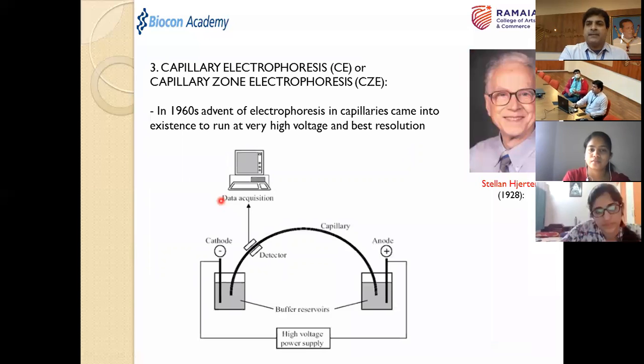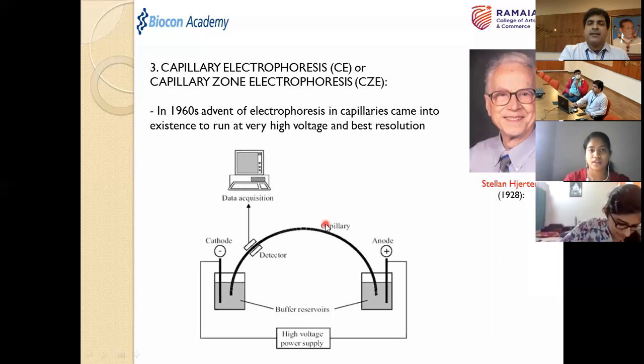At present, the high-end version of electrophoresis is capillary electrophoresis or capillary zone electrophoresis. This was pioneered by Stellan Hjertén, and it mainly separates the biomolecules in capillaries. Capillaries, you all must be knowing, are the small tubes which you may be using, particularly for TLC, spotting the samples.